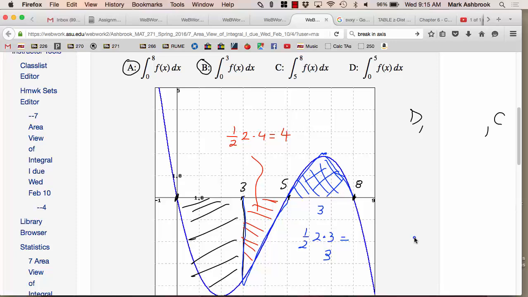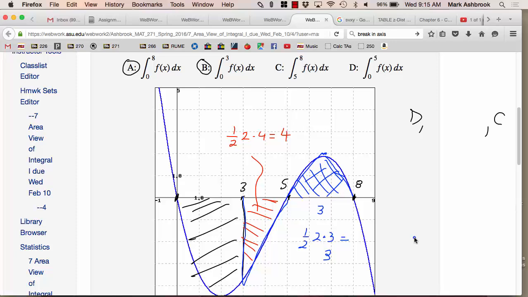So the next least would be to go all the way to 8 or to go just to 3? All the way to 8. Because when you go all the way to 8, we know this is all going to be a negative value for the integral. Then we're going to have an additional -4 plus 3, which nets -1.